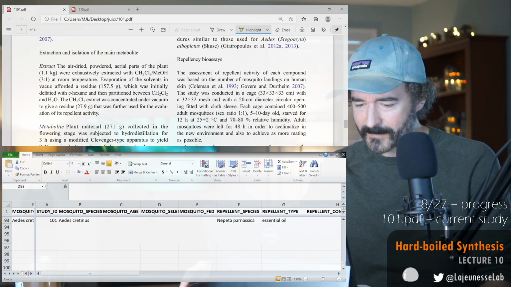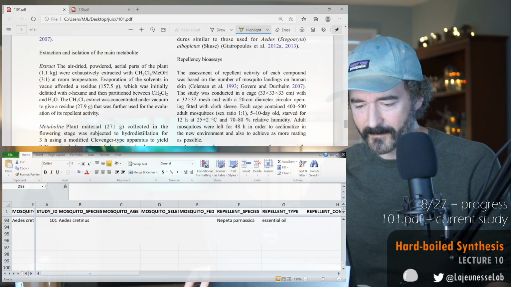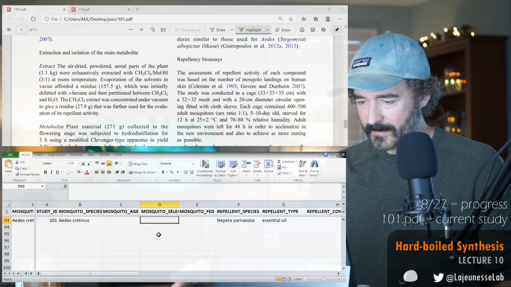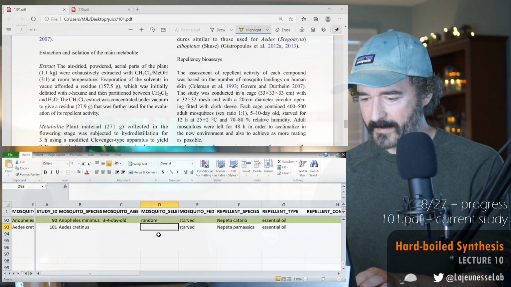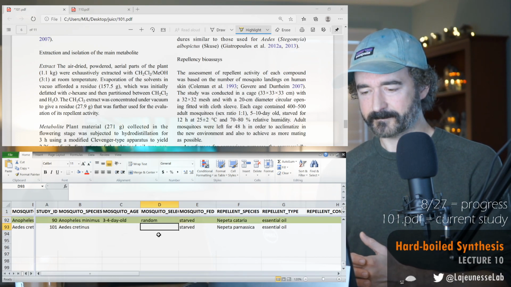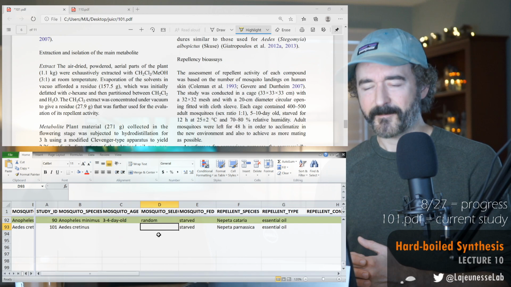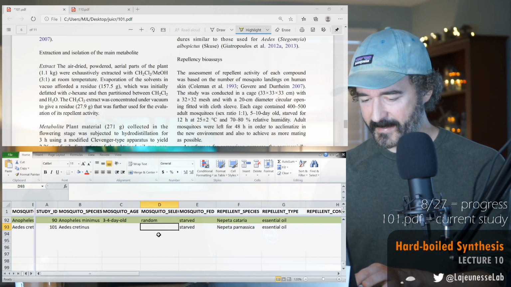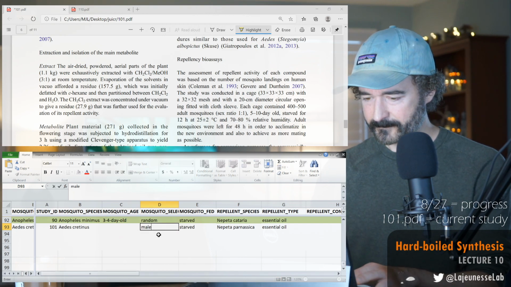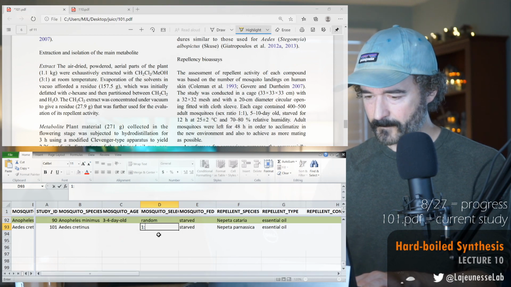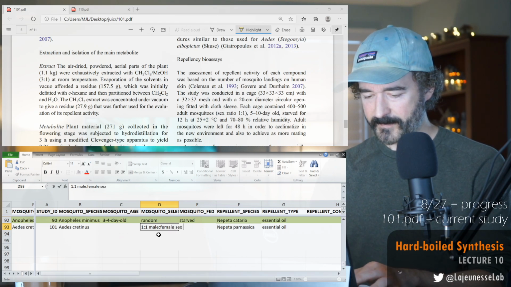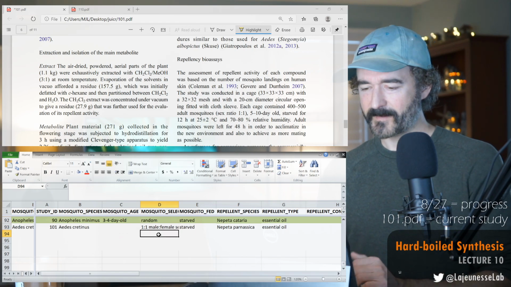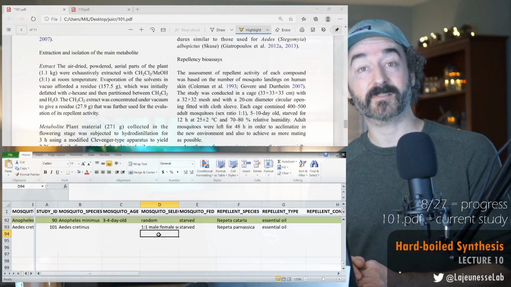Anyway, okay, so that goes into some sort of the study quality stuff. So they did say they were starved. This falls under study selection, where they have a male female sex ratio. Okay, so this is the first study that actually includes males.